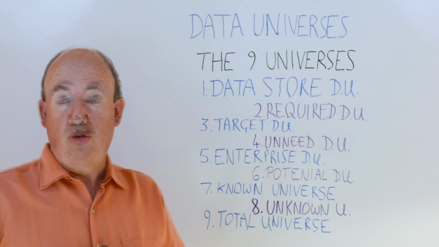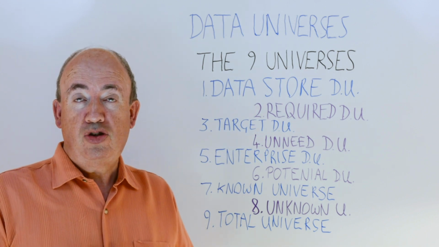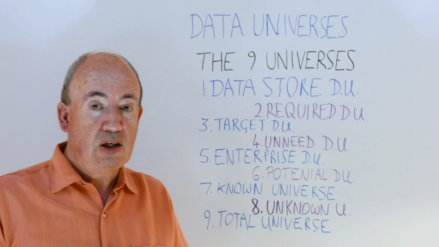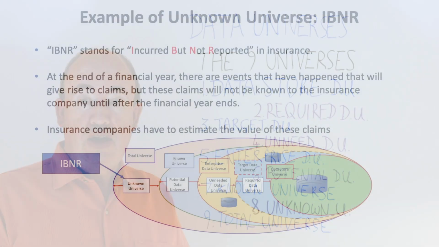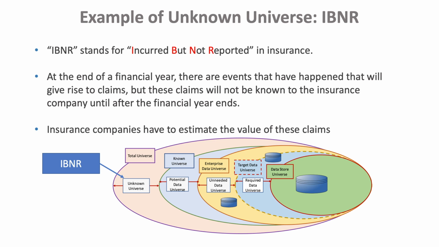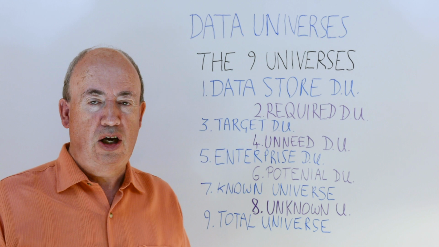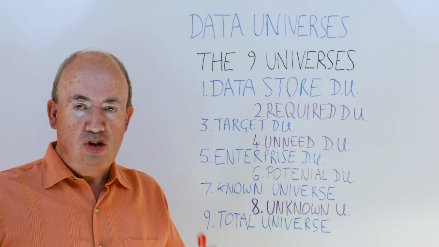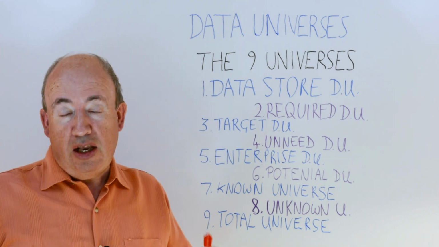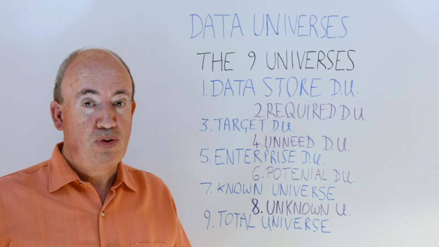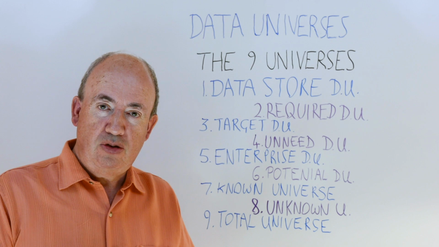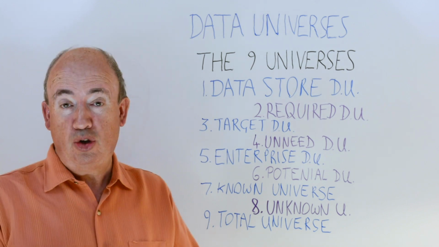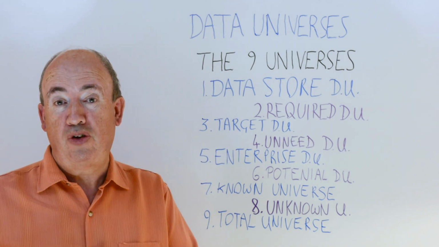The unknown universe, for example, is important in one particular area of the insurance industry, which is called IBNR, which stands for incurred but not reported. So in any period of time, an insurance company at the end of that period has to report on its activities, but there will be insured events that happen in that time that the insurance company has not actually been notified of yet.